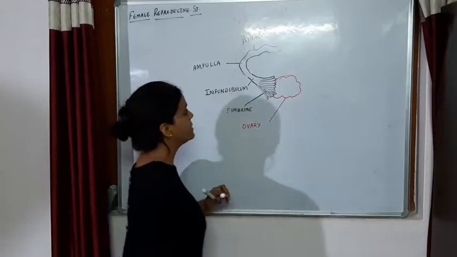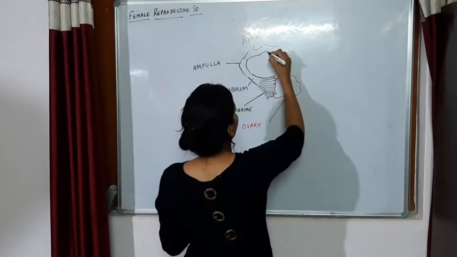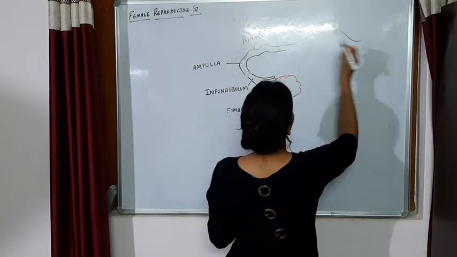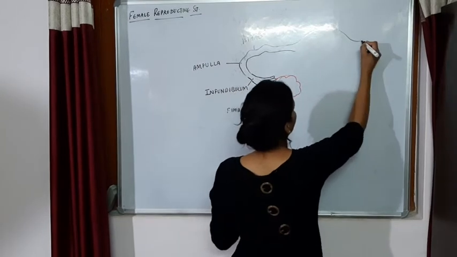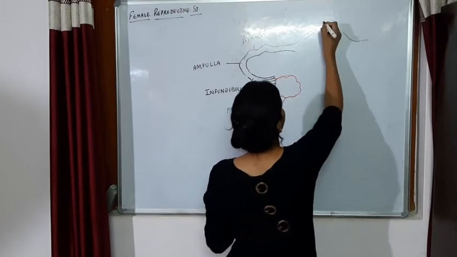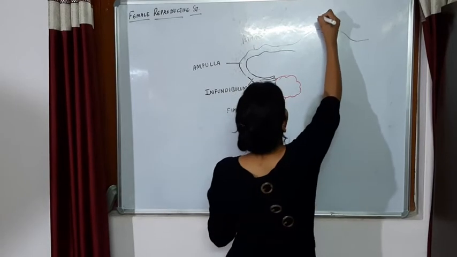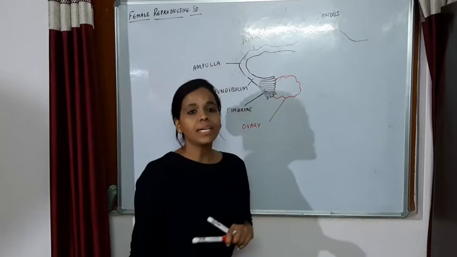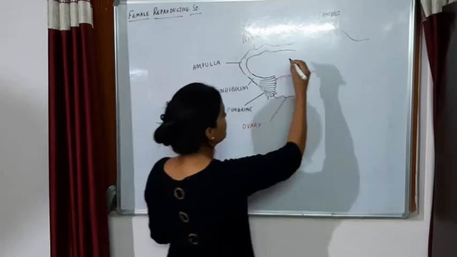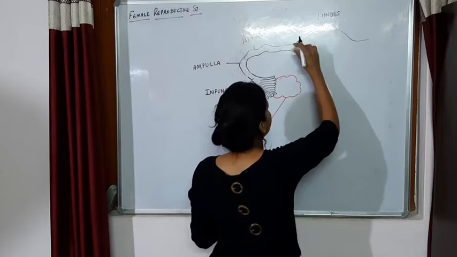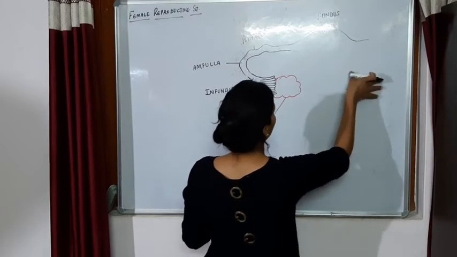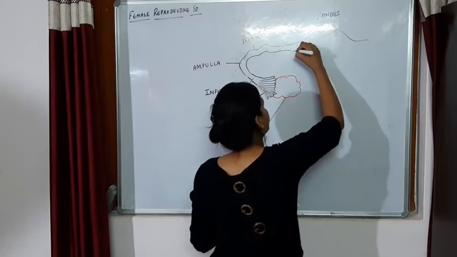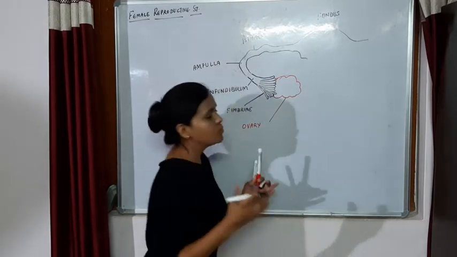Now next to the isthmus is another structure called the fundus, or the uterine fundus. Now this is the lining, and the same is going to be here also, the same structure.